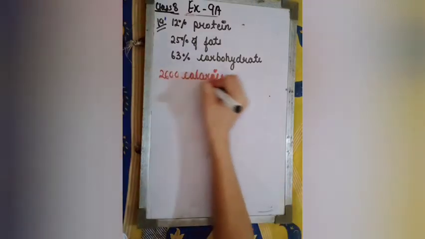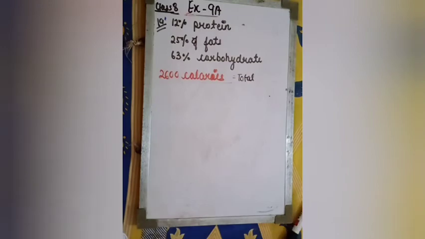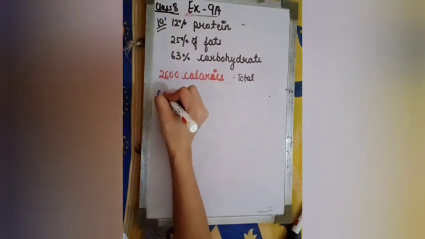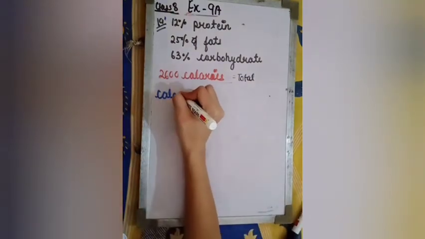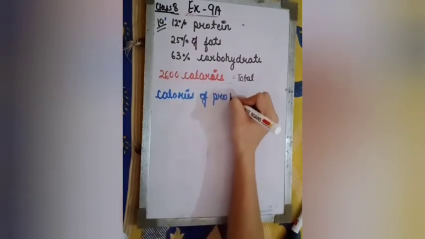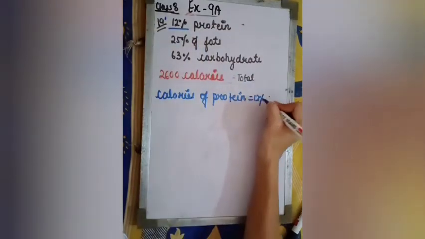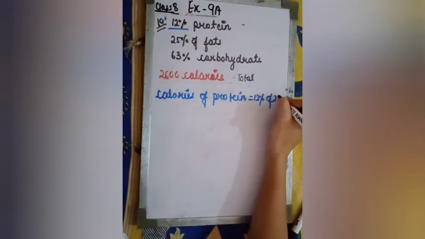So find the amount of calories of each. So this is the total calories. First we have to find the calorie of protein. So calories of protein. Protein कितना है? Protein is 12% of total. It is 12% of 2600.